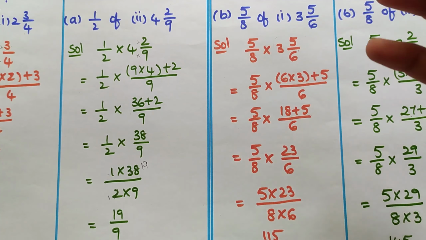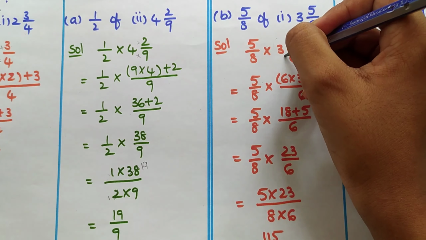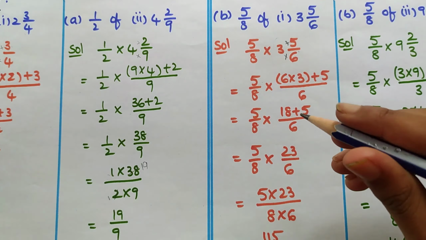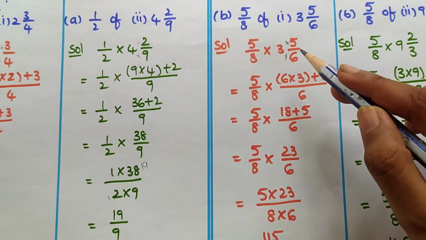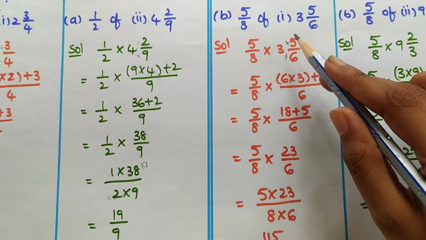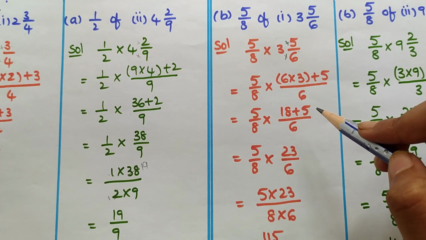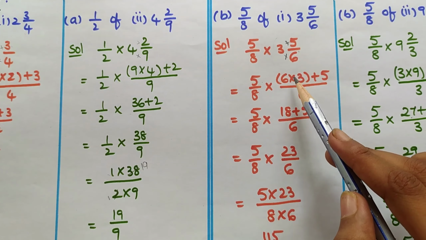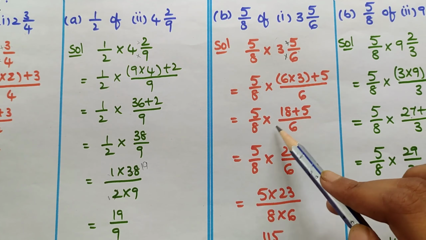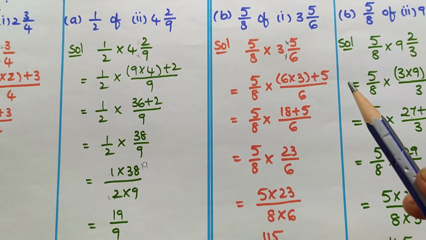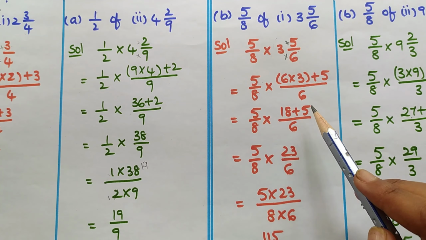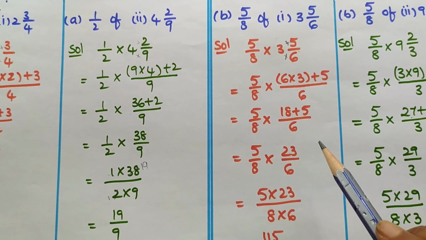Now let's do that. 6 into 3 plus 5 by 6. So 5 by 8 into 6 into 3 plus 5 by 6. So 5 by 8 into 6 into 3, 6 3s are 18 plus 5 by 6. 5 by 8 into 18 plus 5 is 23 by 6.